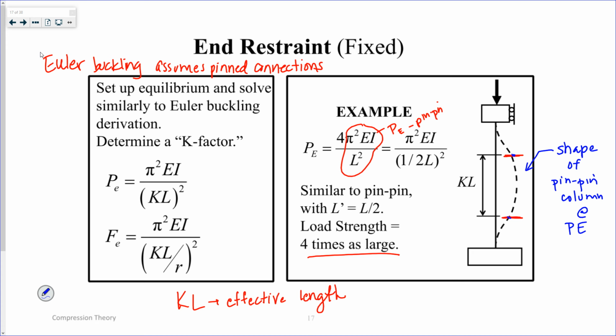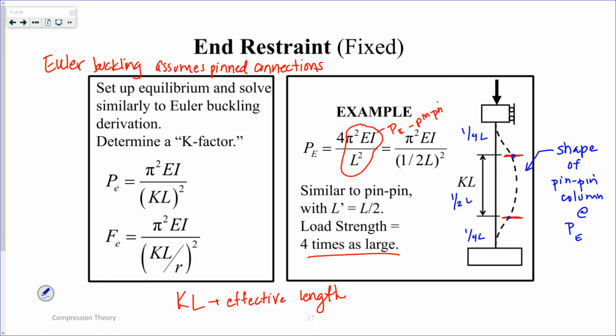If this is 1/2 L, then 1/4 L, 1/4 L. What that's saying is I have the same shape as my pin buckling column happening over half the length, and that is what happens when it buckles.